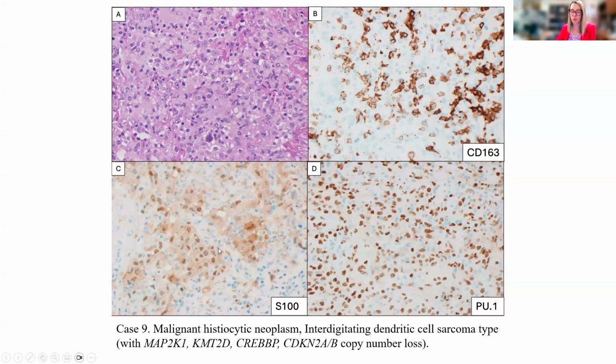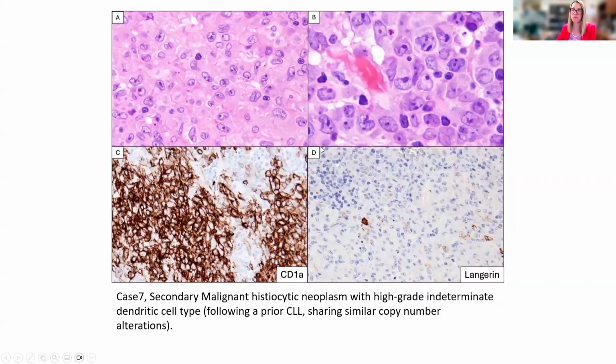They typically have more variable S100 staining, but don't often have CD163 expression. So again, having that Q1, of course, the B cell markers in this case were negative, but having that Q1 to highlight those large malignant cells is very helpful.